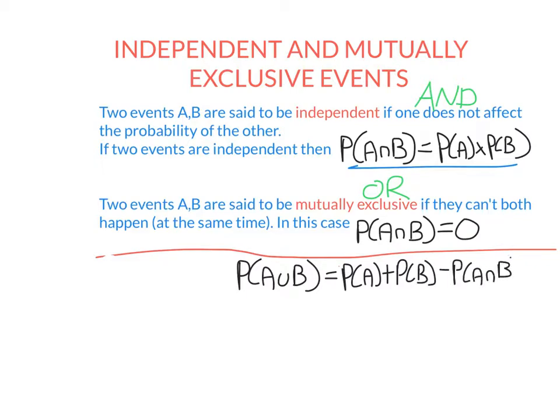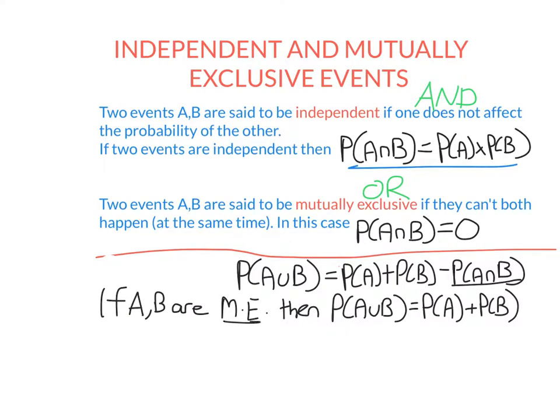That's pretty commonsensical. That is true whether or not A and B are mutually exclusive. But if A and B are mutually exclusive, this last term goes away. If A and B are mutually exclusive, to find the probability that either or both happens, you can just add together their respective probabilities. So let's look at an example of this.